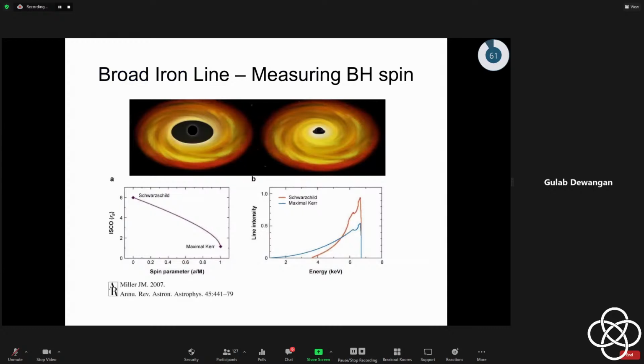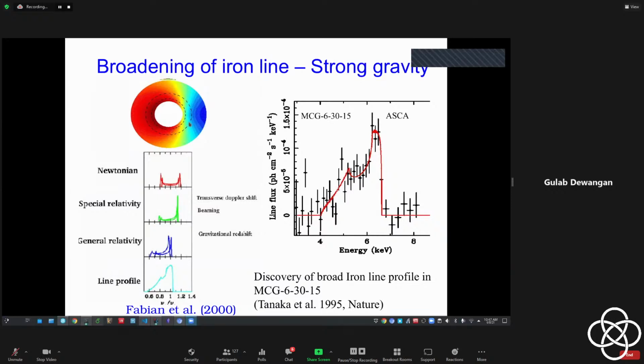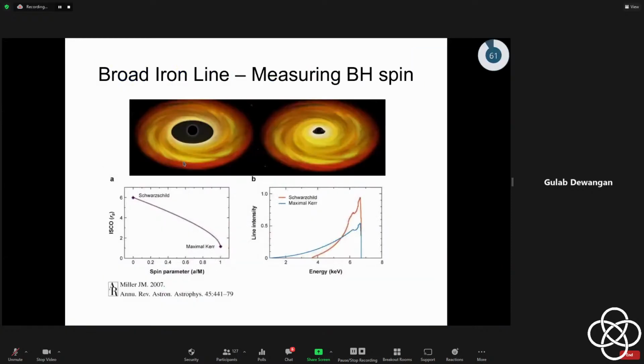Depending on where exactly the disk extends towards the black hole, if the disk extends very close to the black hole, there will be a stronger effect of general relativity as well as special relativity due to the speeds. And the inner radius depends on the black hole spin.